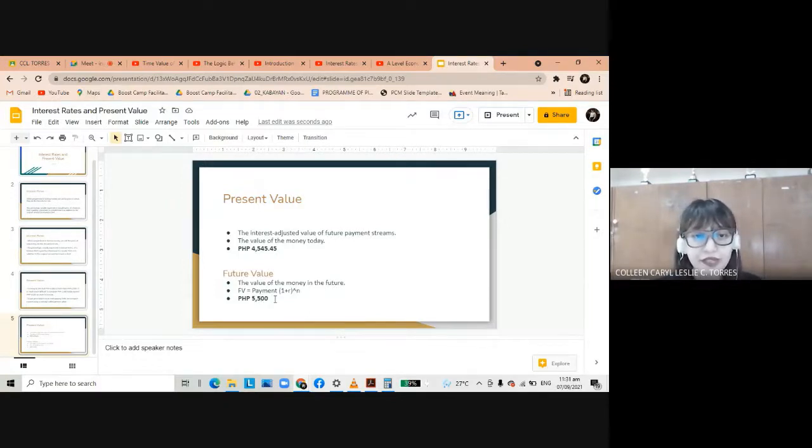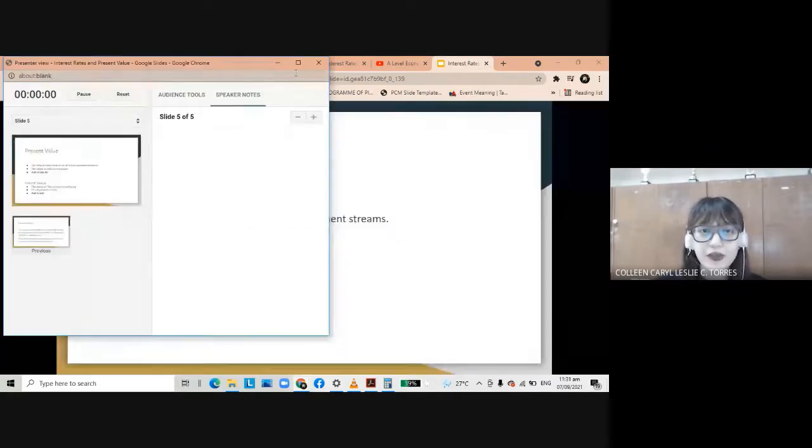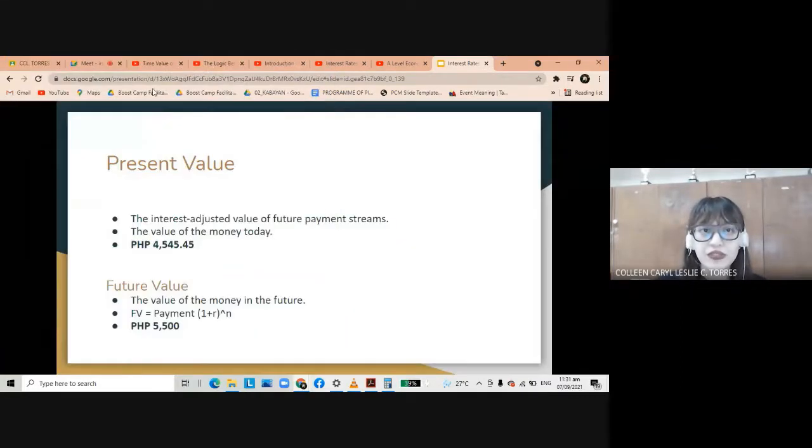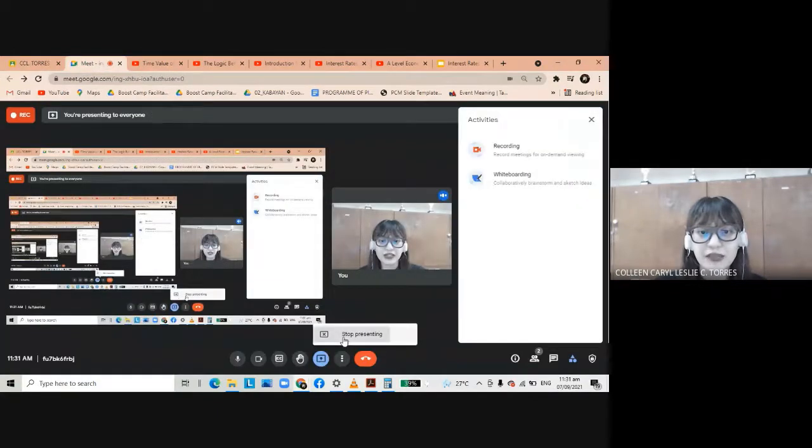But if we want to earn 5,000 pesos in a year in the bank, we invest 4,545, the present value. I hope that's clear, no? Now, I'll just stop sharing my screen in this manner.